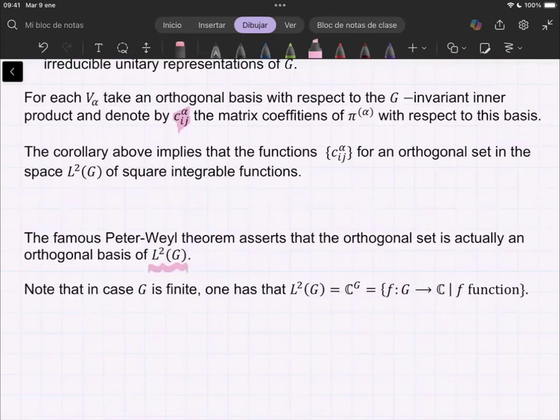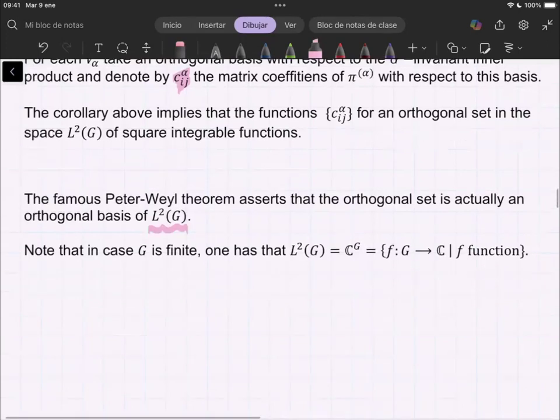Okay. So in the case the group is finite, the L2 functions on G are just any function, because they are all integrable, since the group is finite. So one sees these results actually for finite groups.